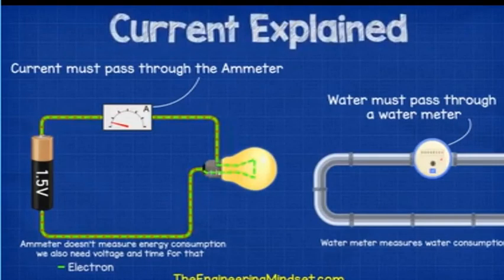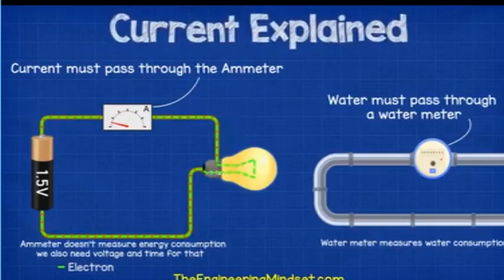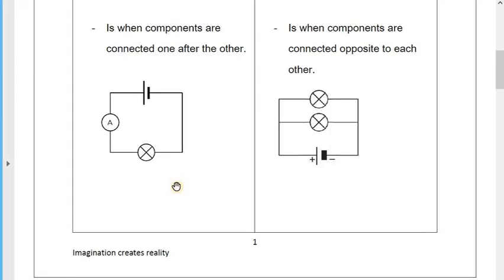You don't draw the actual battery and the actual ammeter. You draw them this way, the way you can see on this one. That's how you draw them.